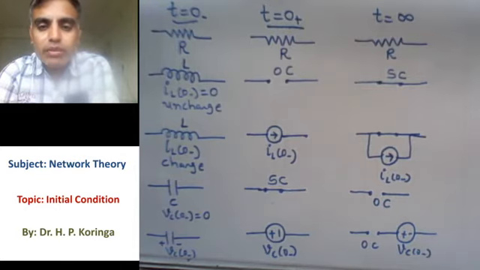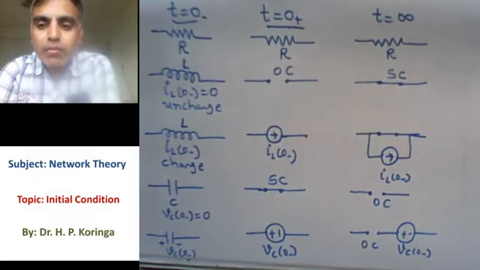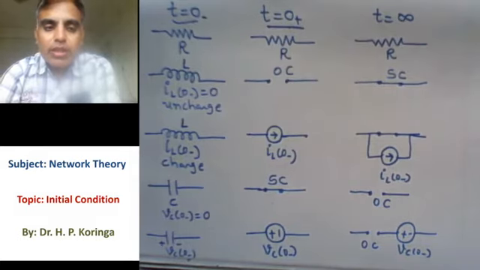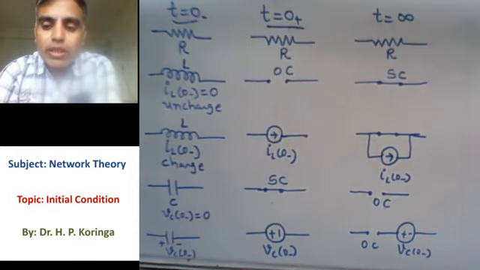Once the inductor is fully charged, meaning it has been given time to fully charge, it is called its steady state condition. In a steady state condition, the inductor works as a short circuit, and steady state also means any capacitor connected for a longer time with any source. Then once it is fully charged, it works as an open circuit, right?